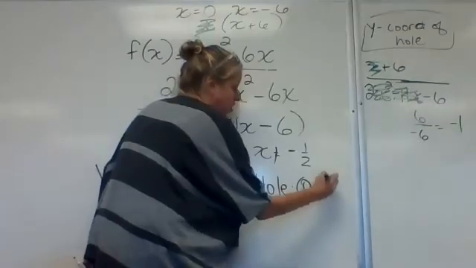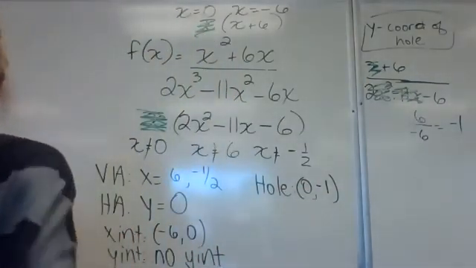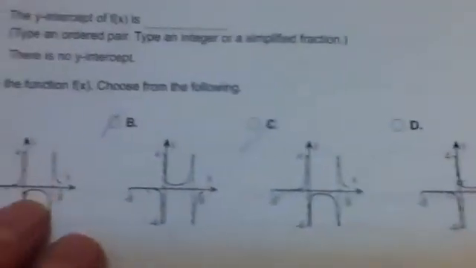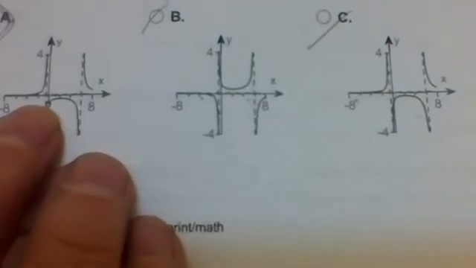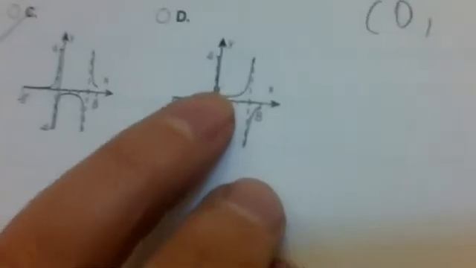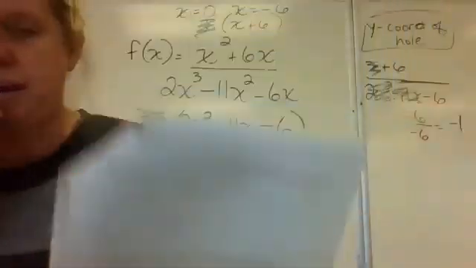That's the y-coordinate of the hole. That's the distinguishing feature between A and D. Look where A's hole is, down at -1, and look where D's is, up at +1. So that's why that one is A.